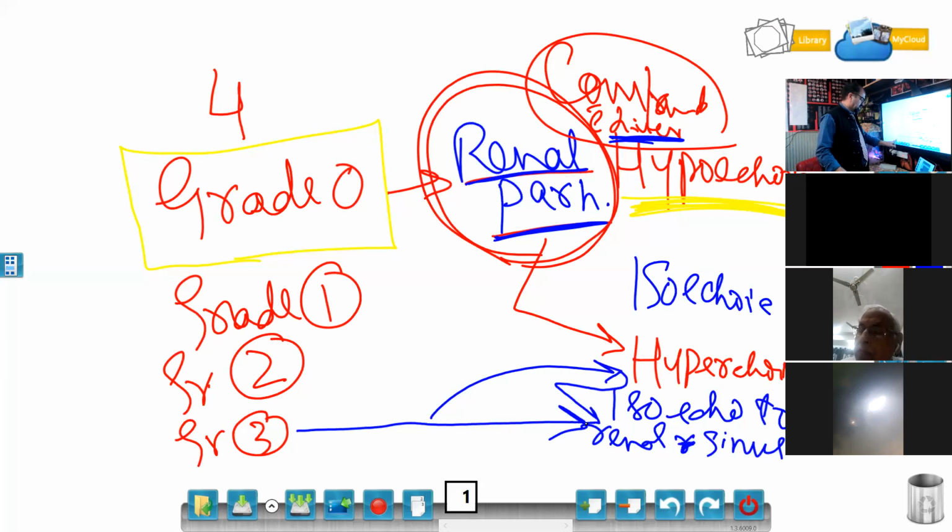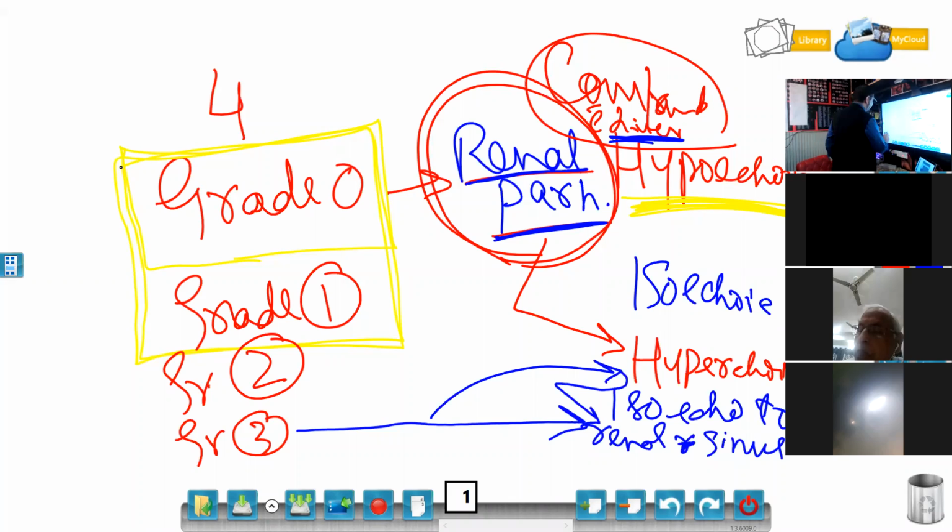That is grade third. Now, which is normal? Grade 0 and grade 1, they are normal. That is why I started with that the renal echogenicity can be at par with the liver, but it should not be more than the liver.